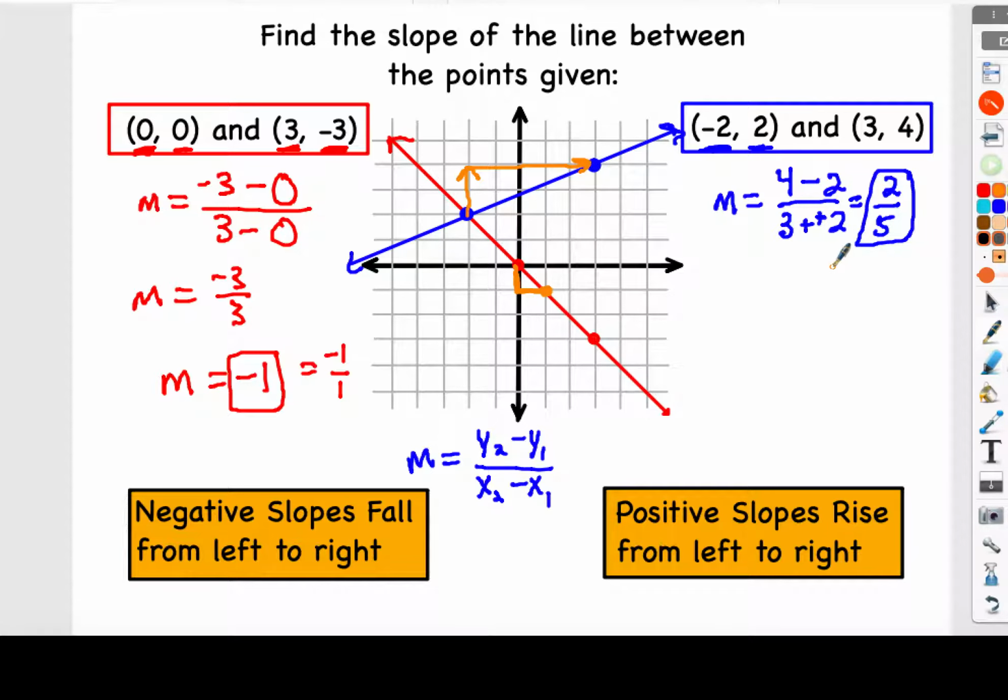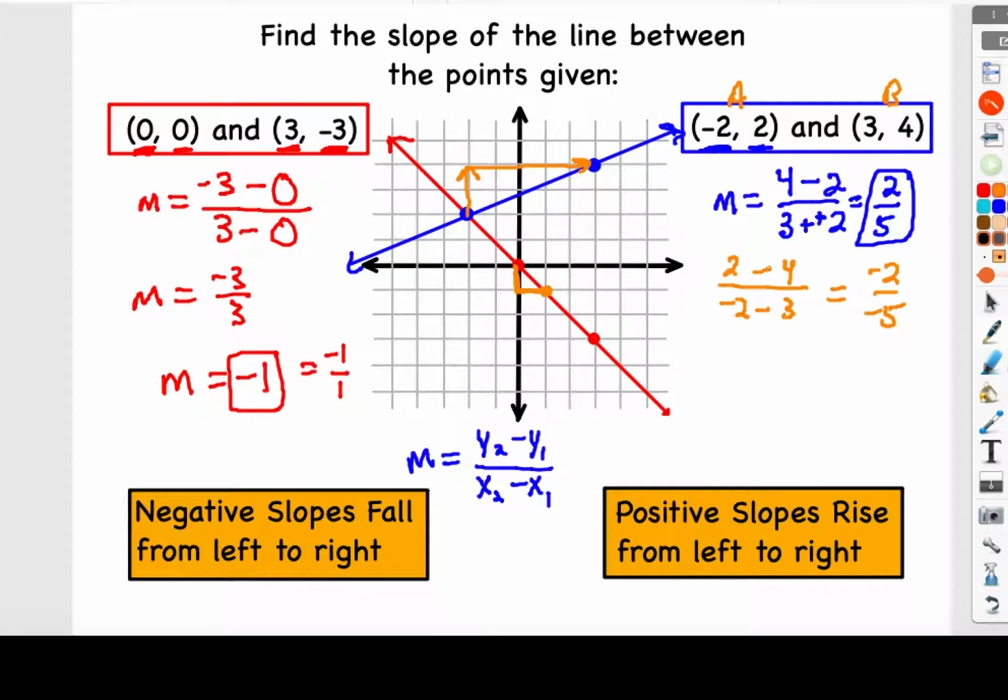Or, again, if we tacked on a couple of negatives, remember kind of like the last problem, if this was -2 and -5, wouldn't that still be 2/5, right? Negative and negative would have made a positive 2/5. In fact, if we had done our points backwards, what if we had said 2 and -2 were the same point, and they came from that point A, we'll call it. Well, how about to get to B, then we have to subtract off 4 being the y coordinate, 3 being the x coordinate.